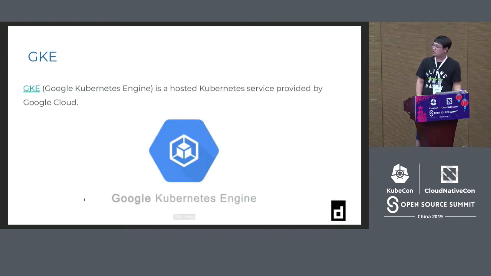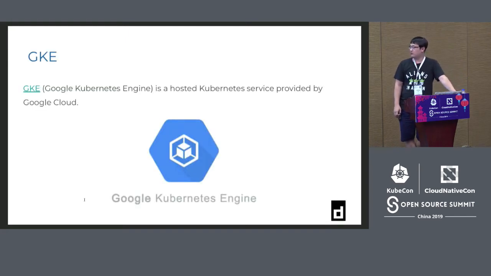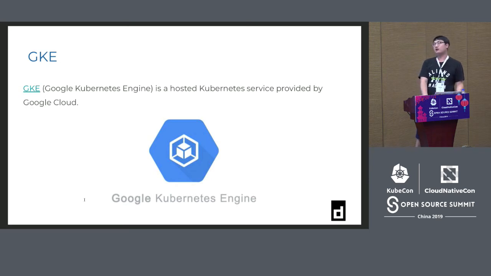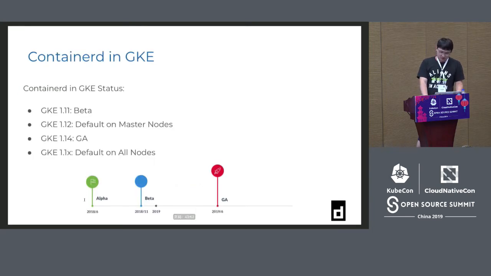And for GKE, GKE is Google Kubernetes Engine. It's a hosted Kubernetes service provided by Google Cloud, and basically all the clouds have this kind of service. Containerd 1.1, last year it was beta, and not long ago we used containerd for the master node.